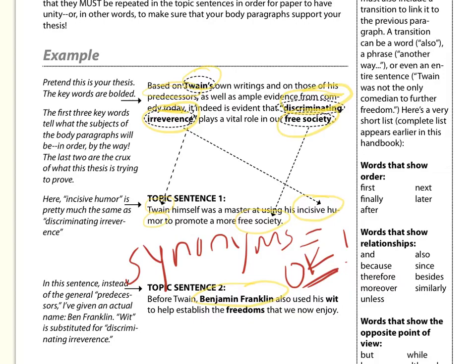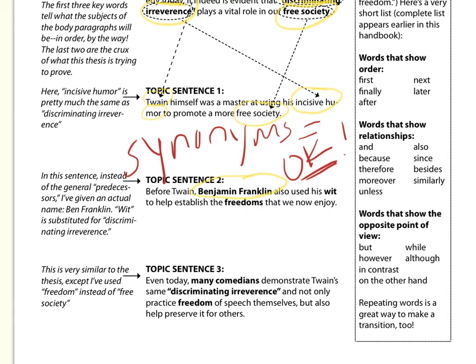So that's that keyword. And then we have wit, which is the same thing as incisive humor, which is here, or the same thing as discriminating irreverence, which is up here. And then instead of free society in this one, because that was getting kind of boring, I used freedoms.